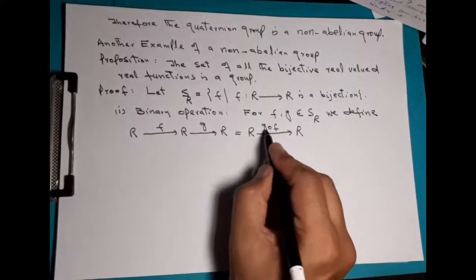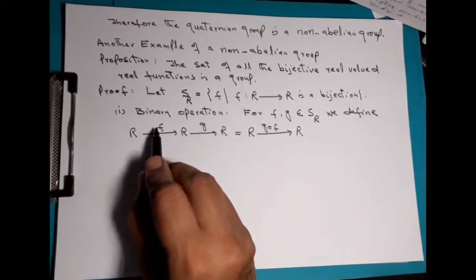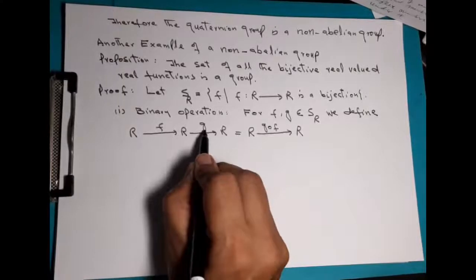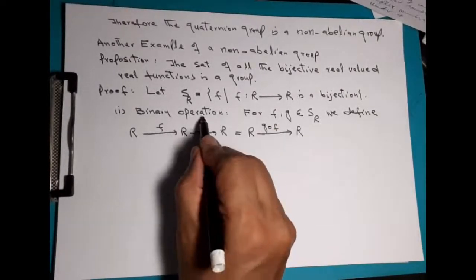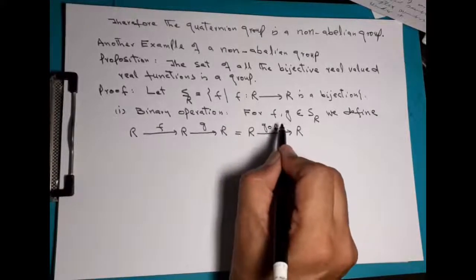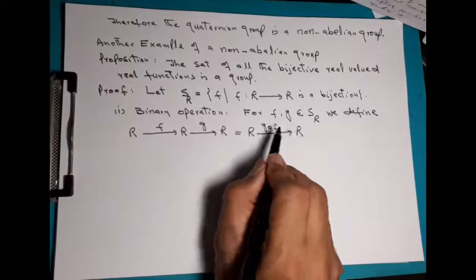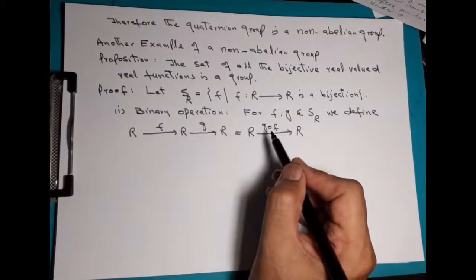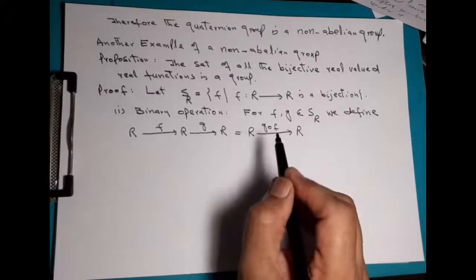This is a slightly delicate thing because when we write functions, the order is first f and next g, but when we write composition, we write g first and then f. There is a reason for this. We may discuss this reason at some time, but for the time being, just note that we have to be very careful when we are talking about composition of functions.